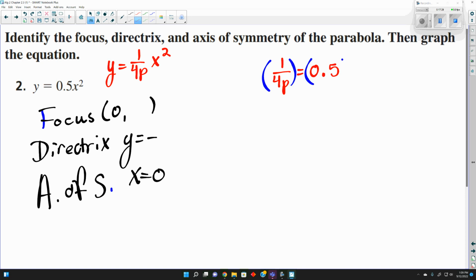Now again, we'll do the same thing first. We're going to multiply both sides by 4p. Because again, on the left side, the 4p and 4p will cancel, leaving us with 1. Now we just need to do 0.5 times 4. Well, 0.5 is the same as a half, yes? So what's half of 4? 2p.